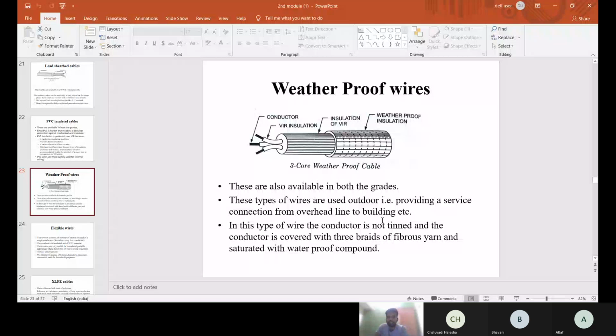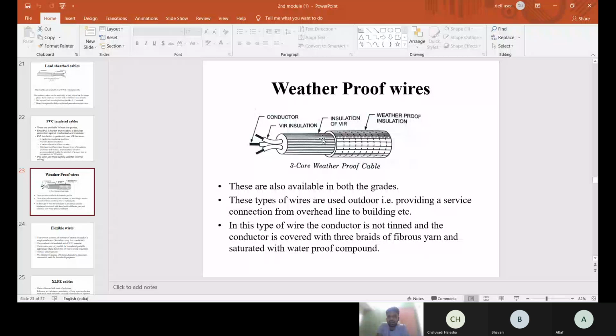For the service connection from overhead lines to buildings, it is service mains, and normally weatherproof wires are preferred. In this type of wire, the conductor is not tinned and the conductor is covered with three braids of fibrous yarn and saturated with a waterproof compound. I had already told that the core is covered with insulation and one more insulation here.